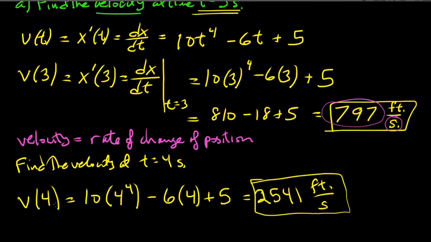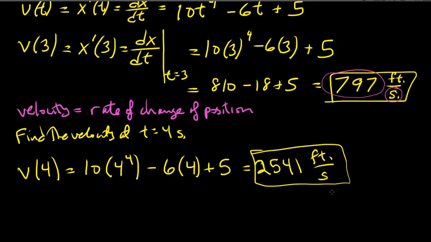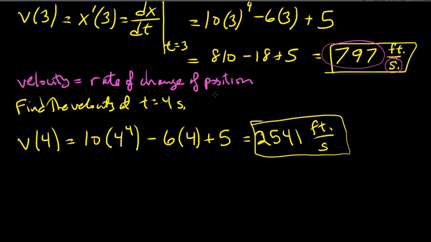And so you can see that even after just 1 second, we're already moving quite a bit faster. Right? In other words, our speed is changing, right? The velocity is changing. The velocity is getting bigger. Can't spell velocity. Velocity is changing. Okay?